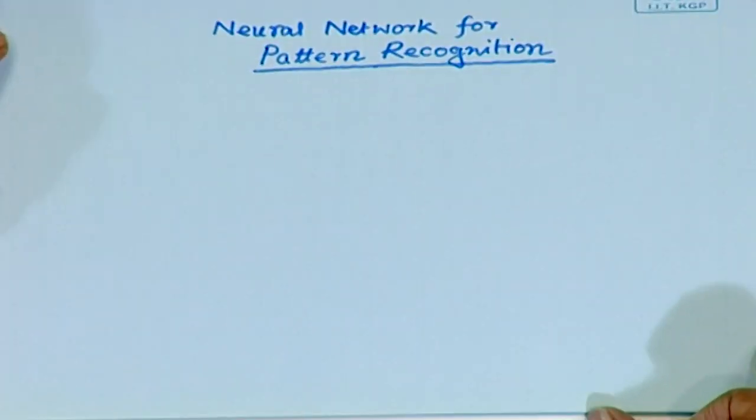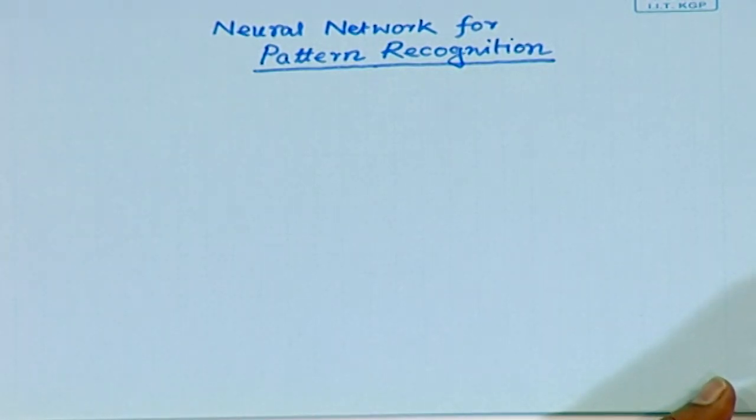Is it okay? So, these are the different non-parametric techniques for classifier design or for classification of unknown samples to one of the known classes. Okay. So, now let us start our discussion on the use of neural networks for pattern recognition.